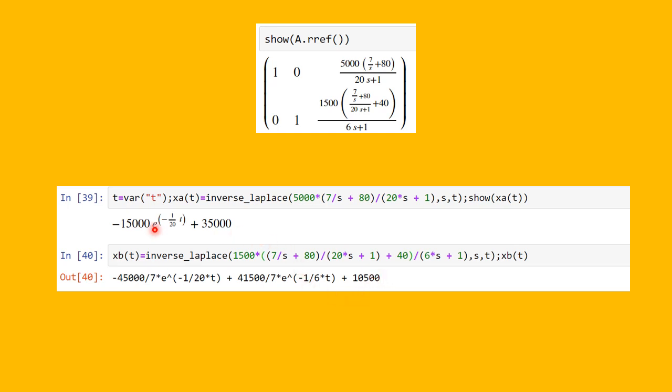But in any case, up here we have x sub A of t, and down here we have x sub B of t, which are the solutions for the amount of salt in tank A and in tank B. Remember, we had salt water in both of those tanks, the amount of salt in each of those tanks at time t.